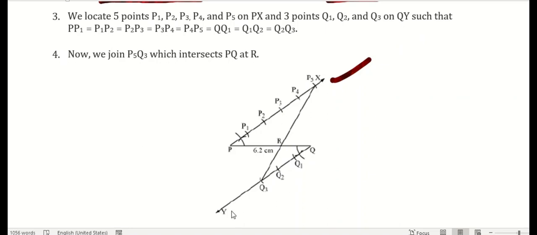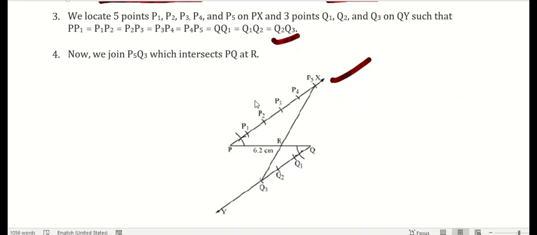Parallel to this one, you have drawn this one and draw this one, such that PP1, P1P2, P2P3, P3P4, P4P5, QQ1, Q1Q2, Q2Q3 all are equal. Means all arcs, you are cutting the line segment equally, right?